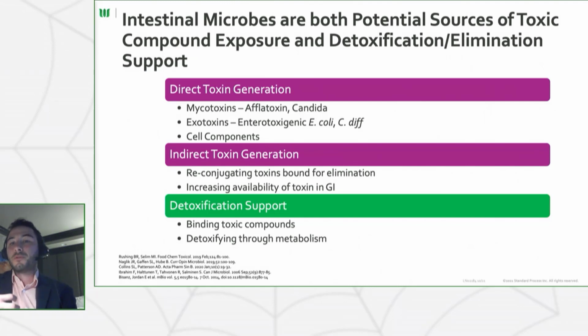There can be indirect toxin generation as well. Certain things that have been removed via that three-phase detoxification and brought into the GI tract for elimination, sometimes those can be reconjugated by microbes and ultimately returned into the body. So you can have some re-exposure occur via that. There's also increased availability of a particular toxin. Maybe it was packaged within a plant fiber somewhere, and your body didn't break that down enough in the first pass, and it reaches the lower GI tract where it would be bound for removal via the stool.